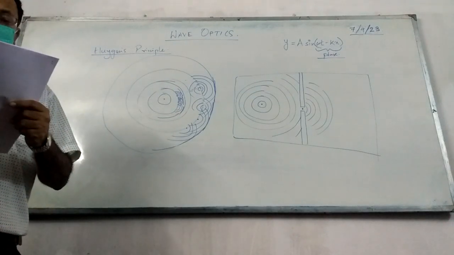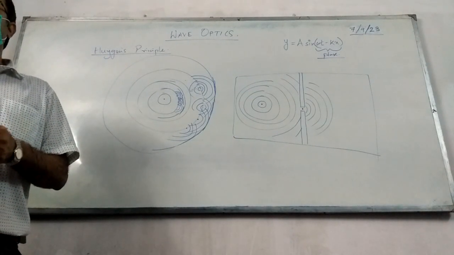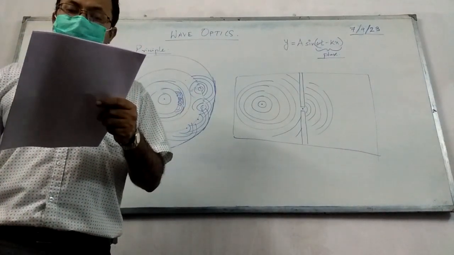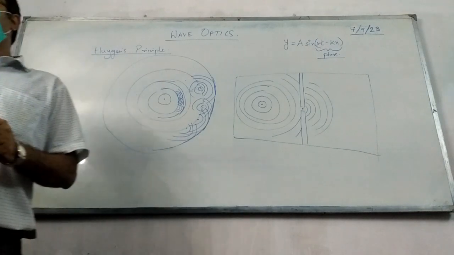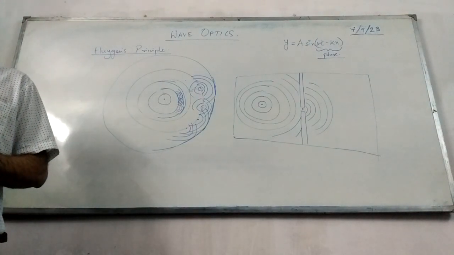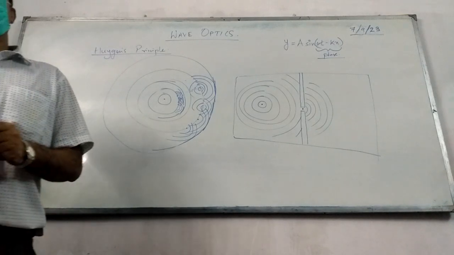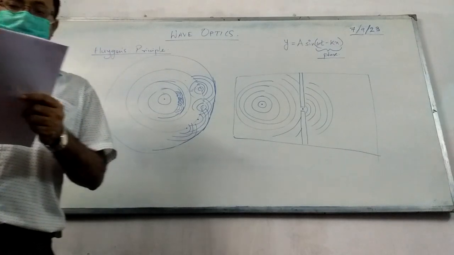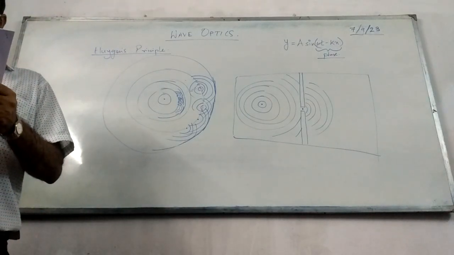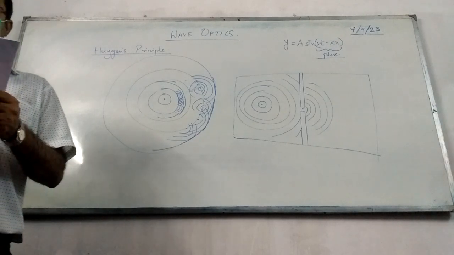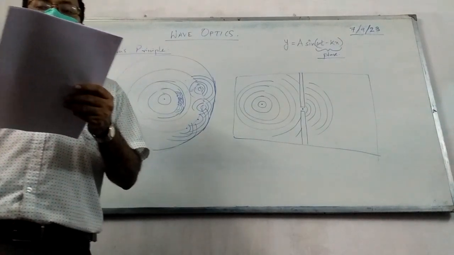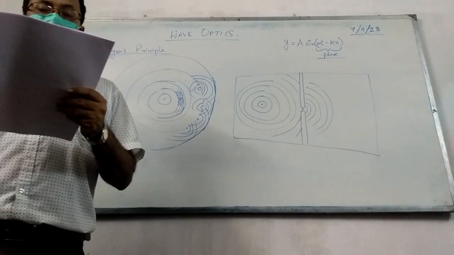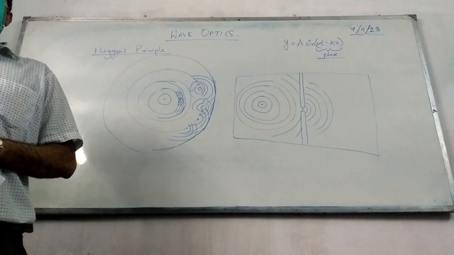Alright? The second part of the statement of Huygen's principle says the new position of the secondary wavefronts is the envelope formed by tangents drawn to the primary wavefront.